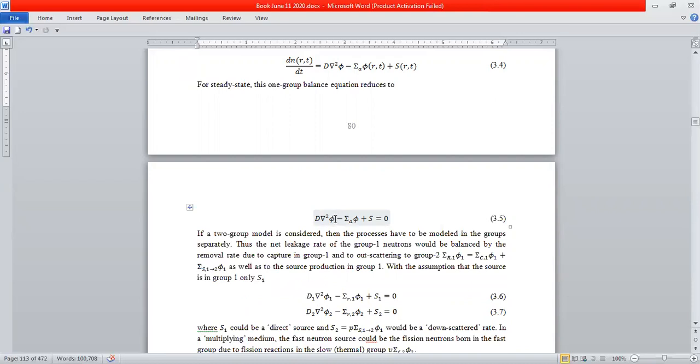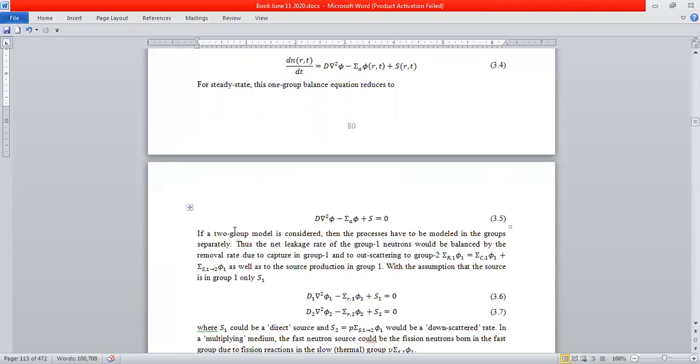So phi is just a function of position. Now, let's go a step ahead and say that if there are two energy groups, then what would happen? By two energy groups means that all the neutrons in this problem are either fast neutrons or thermal neutrons. Again, not a very good idea, but let's just start with it.